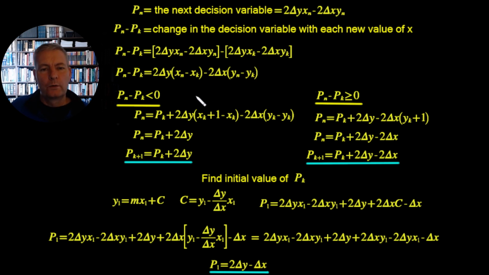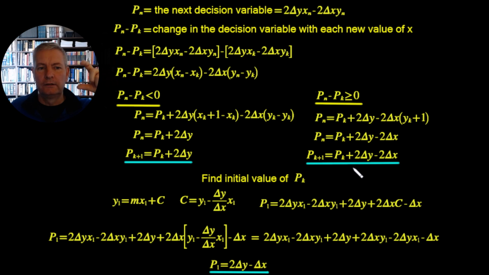Now, we're going to have two options here. If the difference gives a term which is less than 0, we go through this process here. If the difference gives a term which is greater than or equal to 0, we go through this process here. Remember, this goes back to the idea of having the two distances d1 and d2.